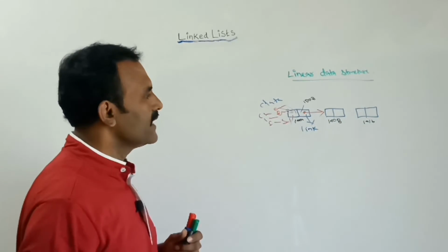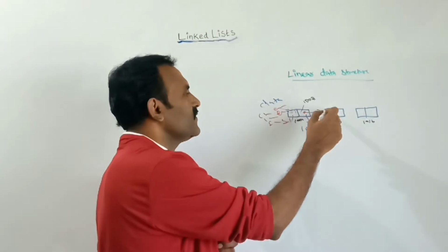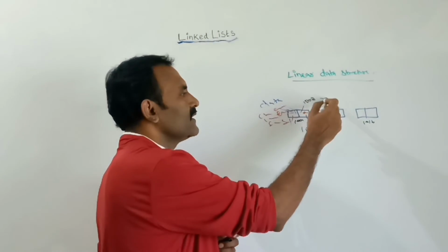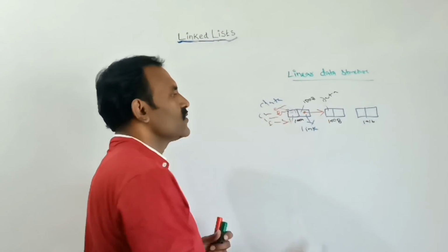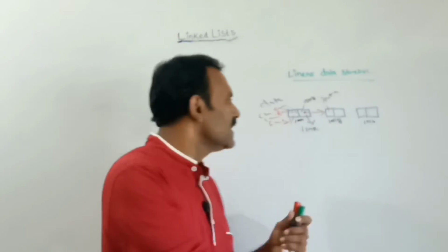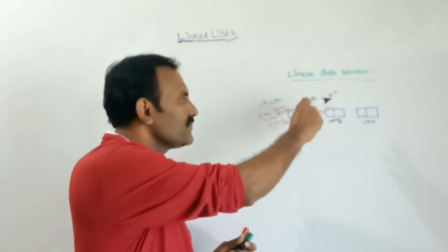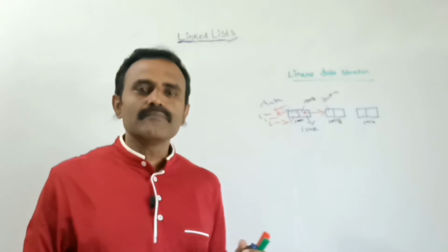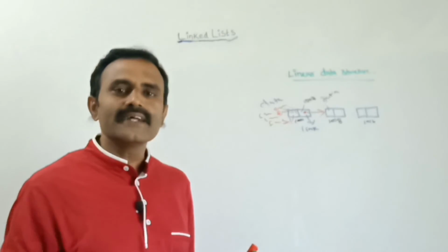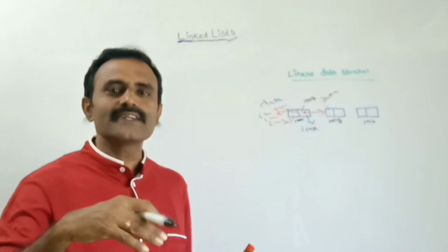So we can easily move to the next node. In the same way, in each and every node the first field is the data field, where we can store the data. For example, for employee details we can store the employee name, employee number and address in the data part. Next, in the link part we can store the address of the next node.